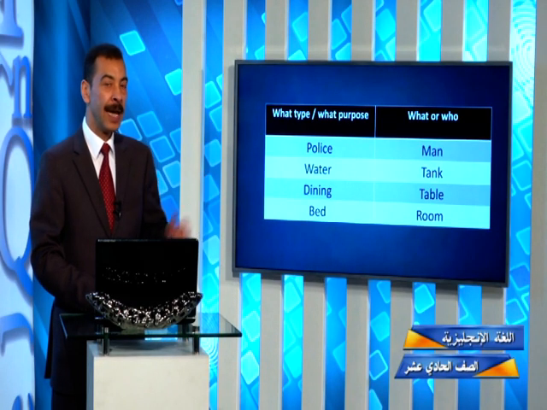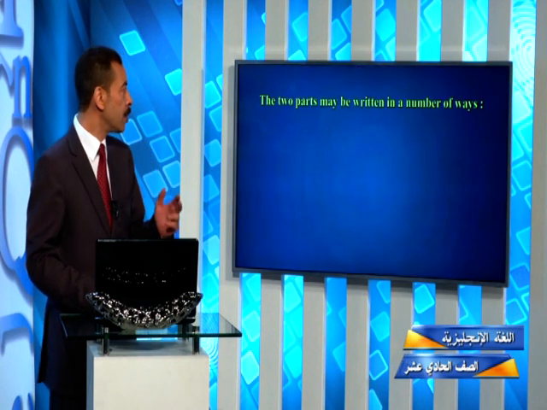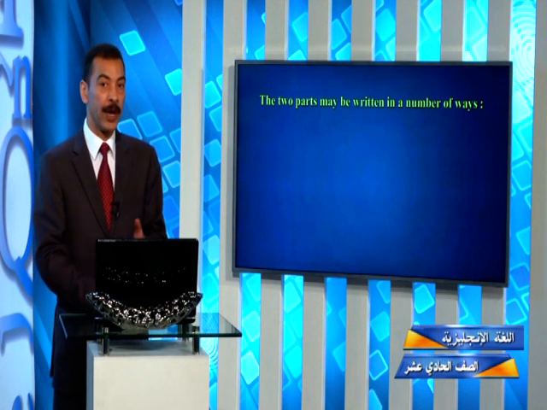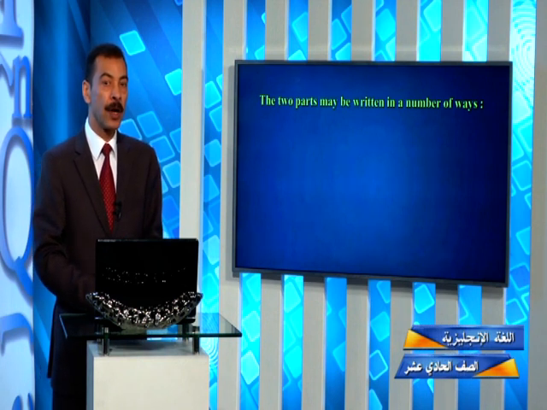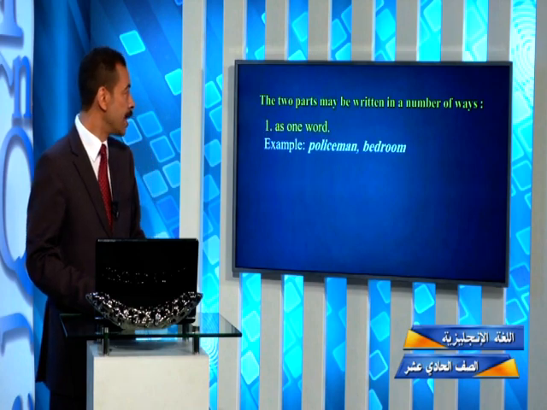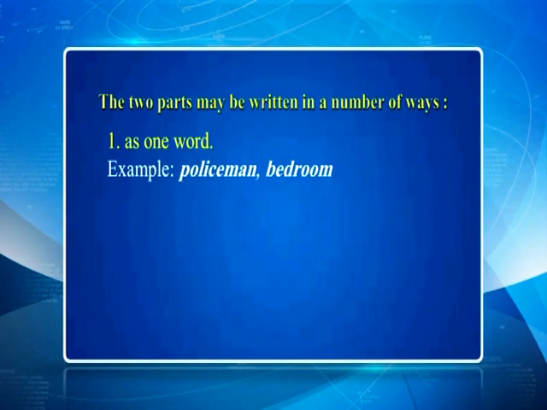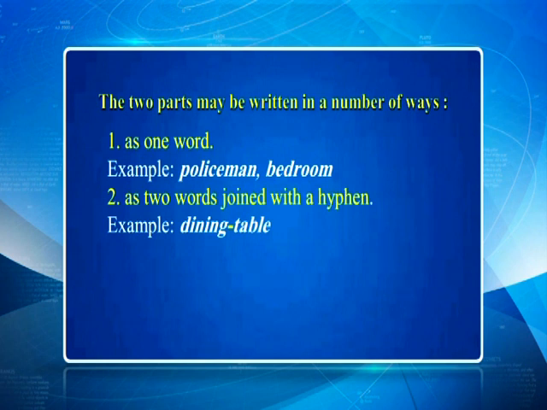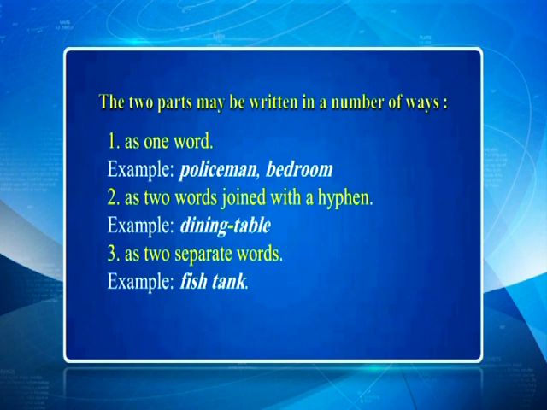Now let's move and talk a little bit more about compound nouns, especially when it comes to spelling. The two parts may be written in a number of ways. There are different ways of writing compound nouns, either as one word, like policeman and bedroom, or as two words joined with a hyphen, a small dash between the two words, or as two separate words, like fish tank.